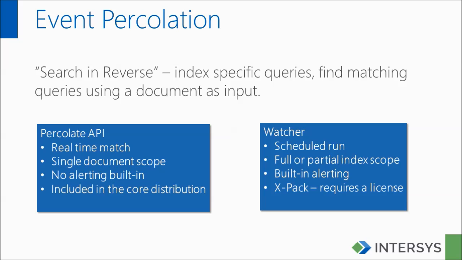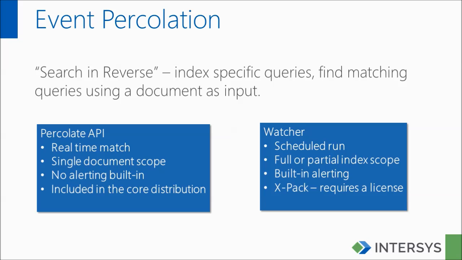And so based on the outcome of that, within Watcher you can set up alerts, and these alerts might send an email or trigger some other event or send SMS, or it's got all kinds of different things that it can do. So which one you choose is going to depend on A, whether you have an X-Pack license, and B, whether you've got to do real time or you can be satisfied with a scheduled batch job.